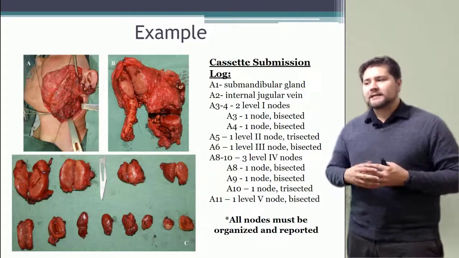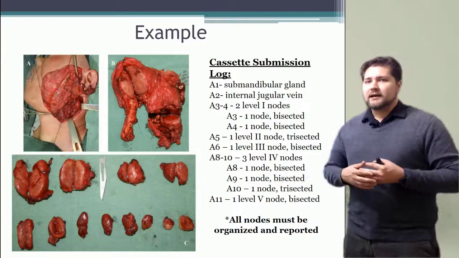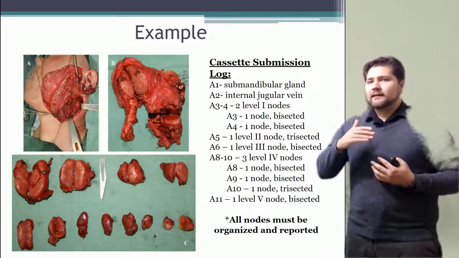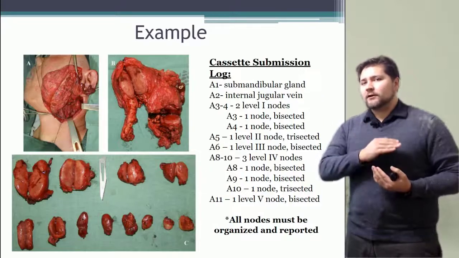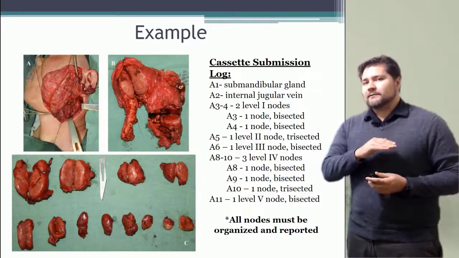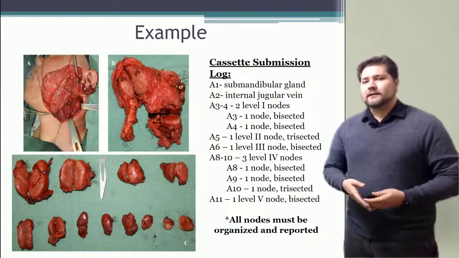So keep them organized. I usually do one section at a time and then submit that before moving on to the next section, because it's really important that they can track that you don't have a level 2 lymph node in level 3, because that shows that the tumor is actually invading farther than they originally anticipated. So it can be important for the patient's prognosis and ultimate staging criteria.